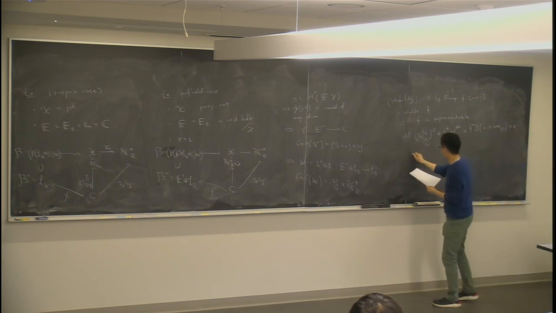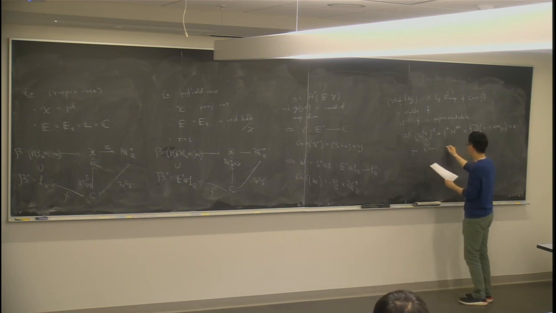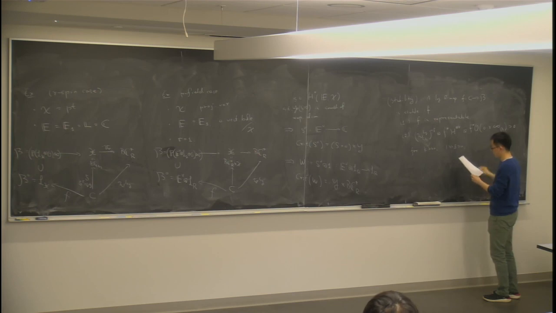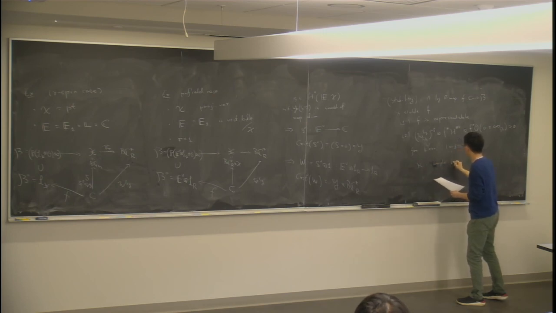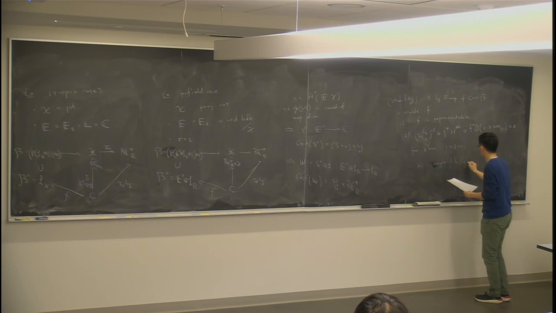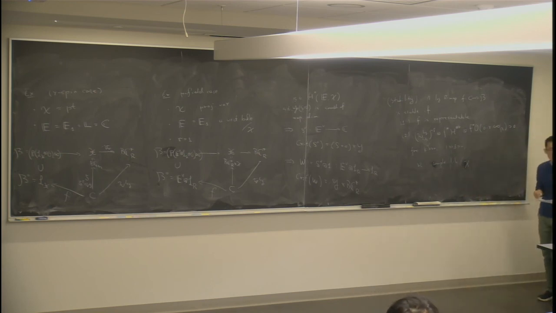This is for k sufficiently large, delta sufficiently small, and H an ample line bundle over the target, the projective variety.